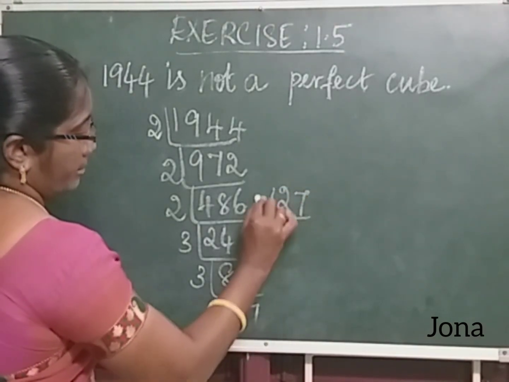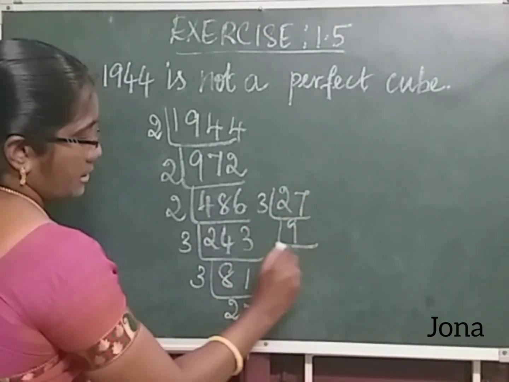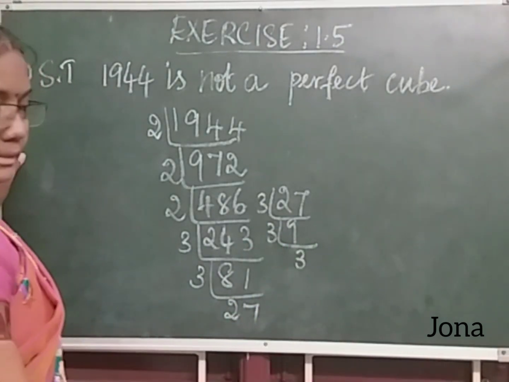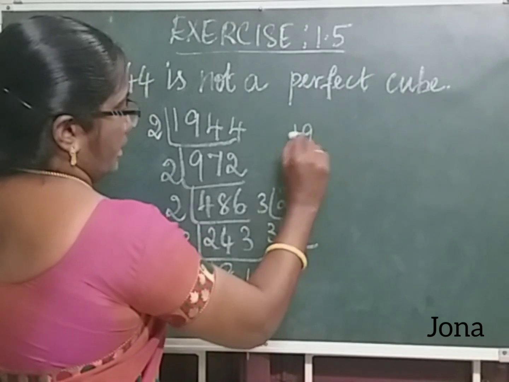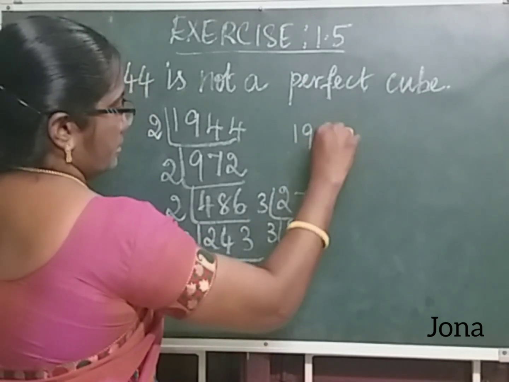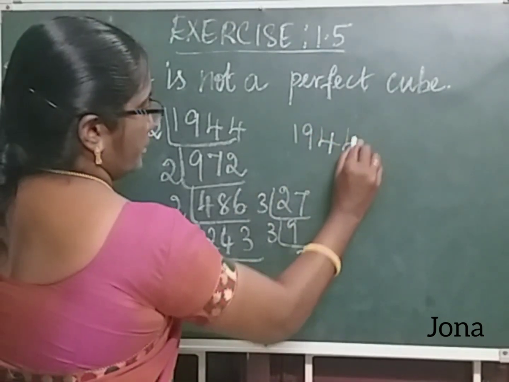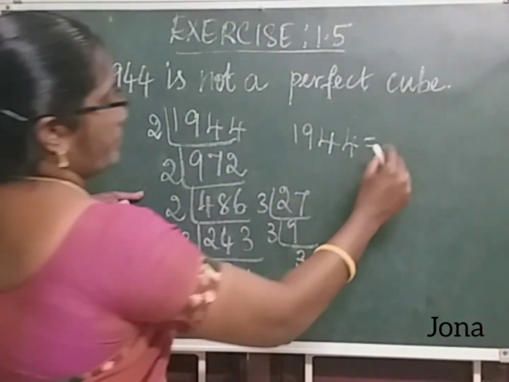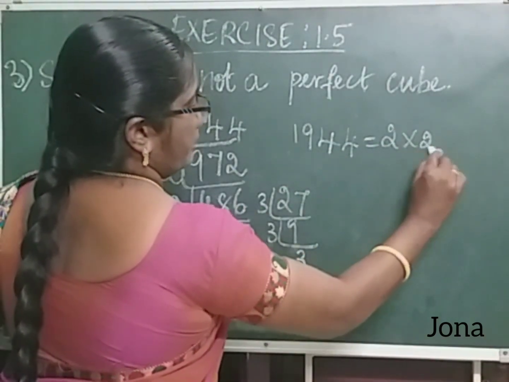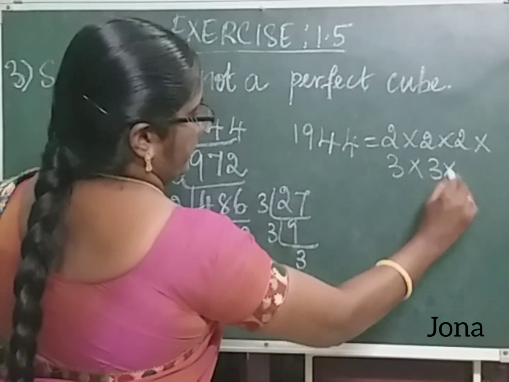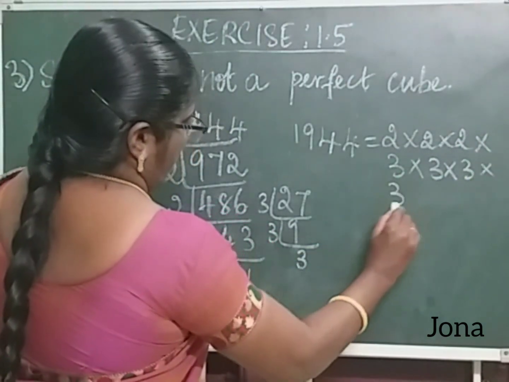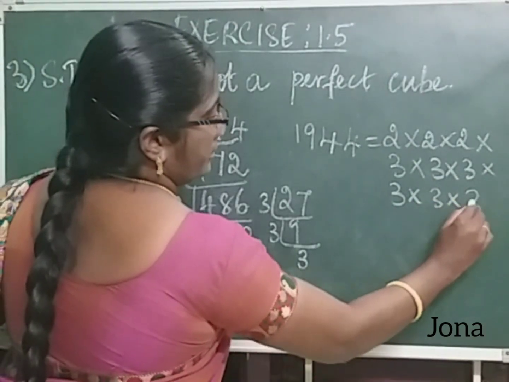Again by 3, 9. Again by 3, so that I can get 3. So 1944 equals 2 into 2 into 2 into 3 into 3 into 3 into 3 into 3. How many times do I have these factors? 3 into 3 into 3 into 3 into 3.